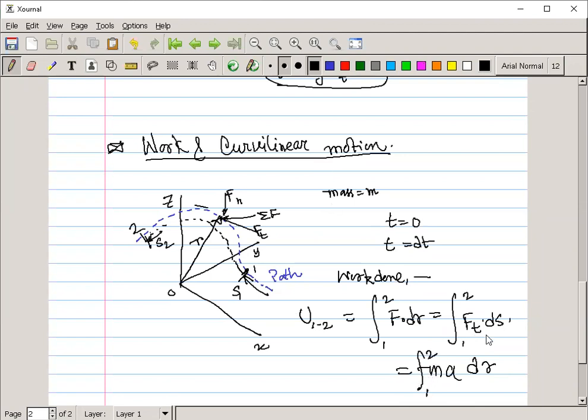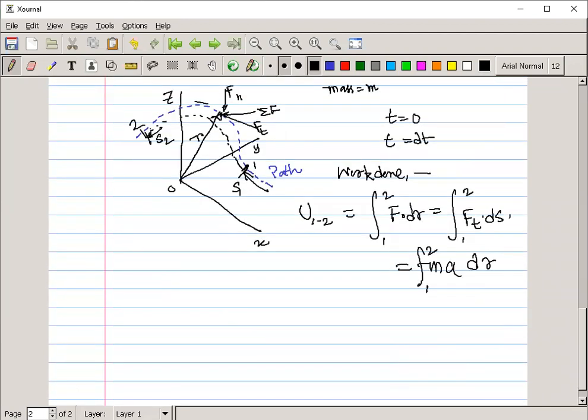Now one thing you have to understand: acceleration into dr is a_t into ds, where a_t is the tangential component, and a_t into ds is nothing but v into dv.